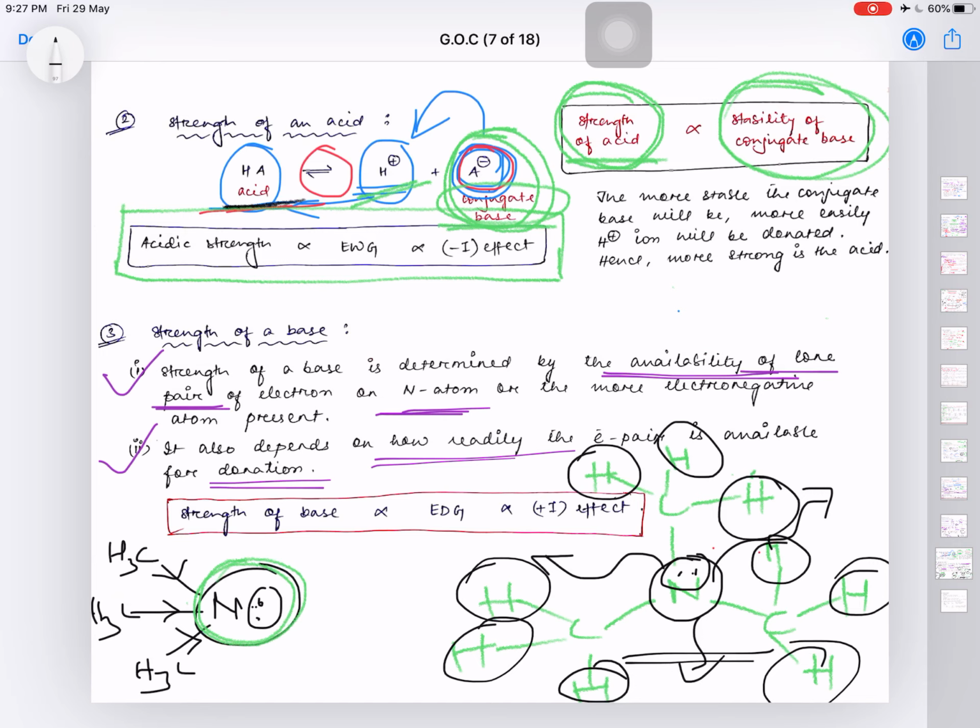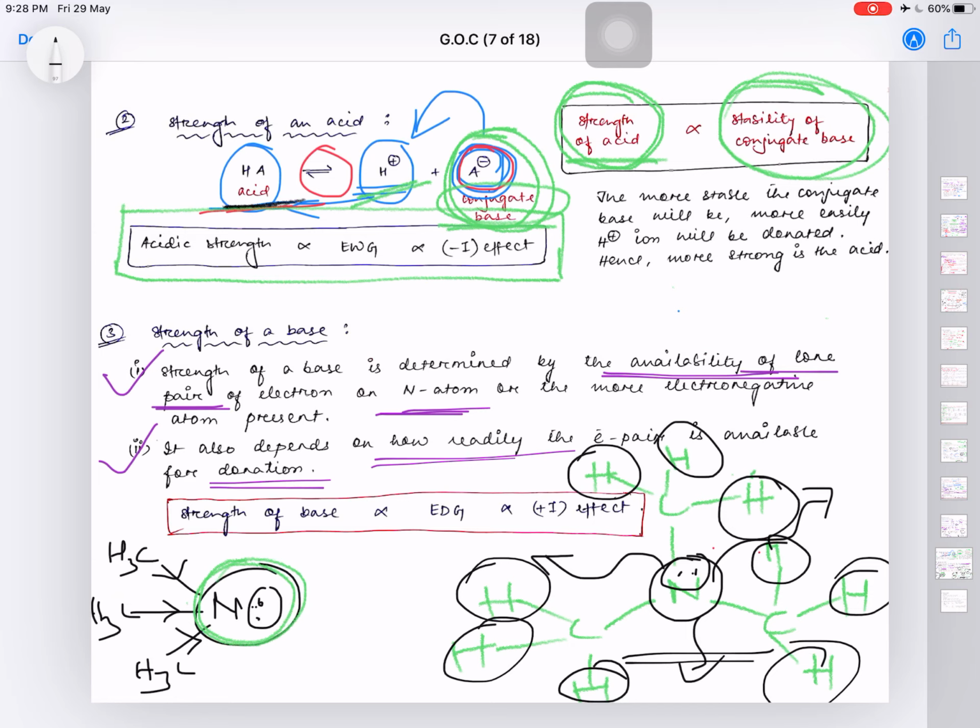The second point is more important, that the steric hindrance should be zero, means the lone pair should be available for donation. The aniline and ammonia example is easy because aniline has resonance, so pi electrons will not be available on nitrogen, whereas in ammonia the lone pair will be available on nitrogen, so ammonia is more basic than aniline.